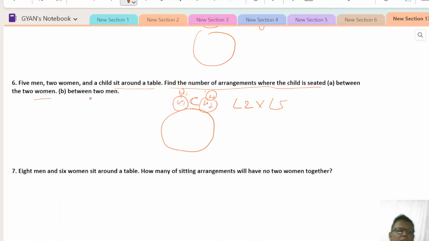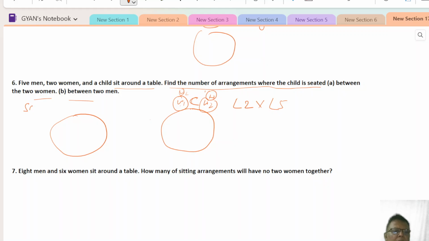And between the 2 men. So between the 2 men, how can you do that? First you have to fix the men. So first you select 2 men.